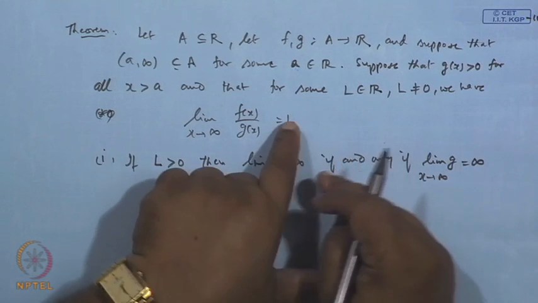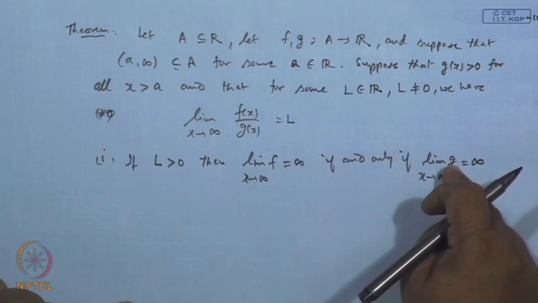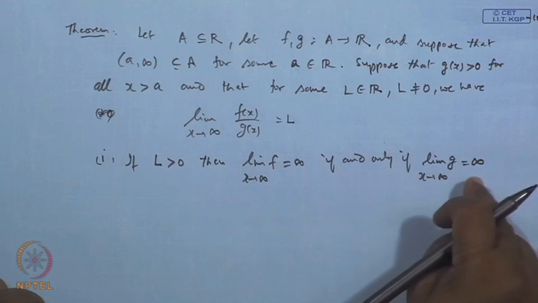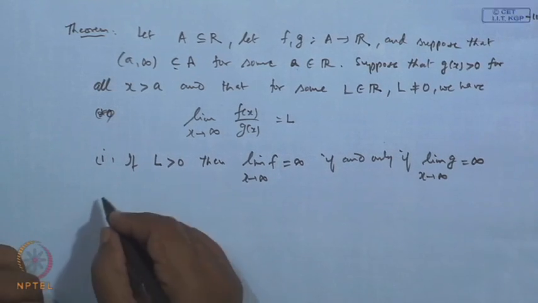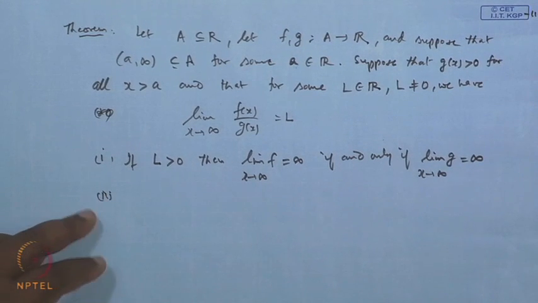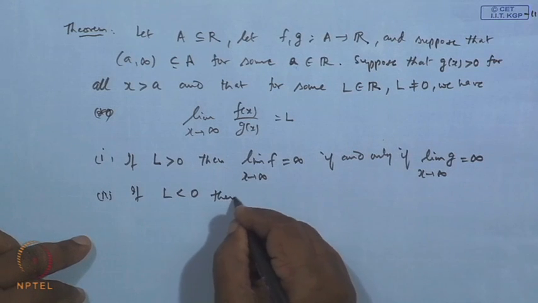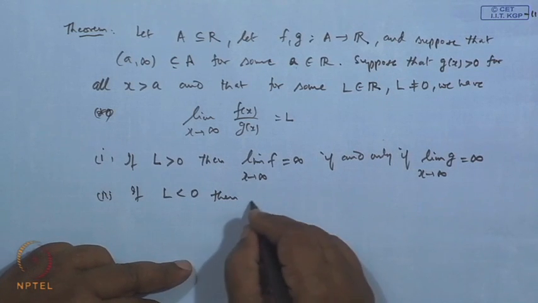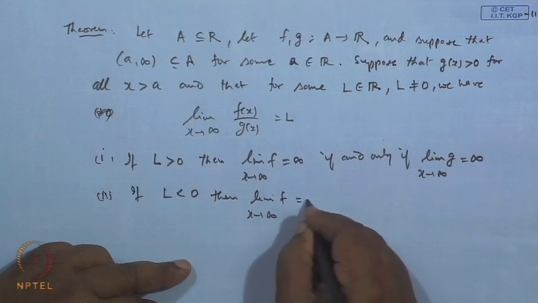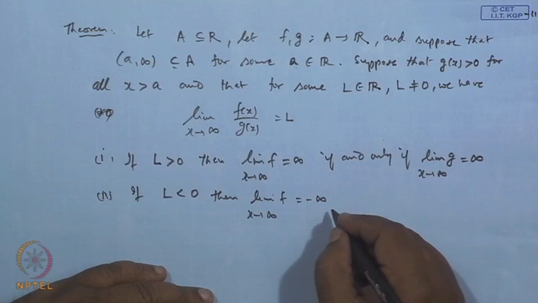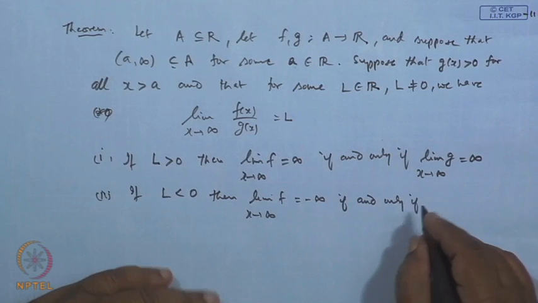So, if L comes out to be greater than 0, then both these functions f and g, when x is sufficiently large, will go to infinity. And second, if L is negative, then the limit of f as x tends to infinity is minus infinity if and only if the limit of g is plus infinity.